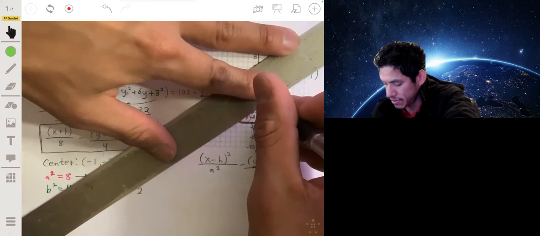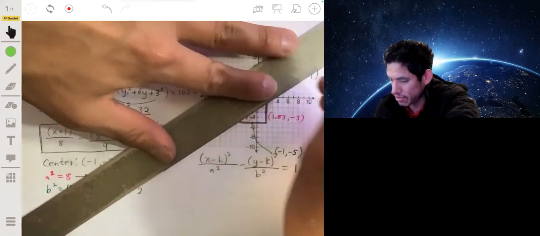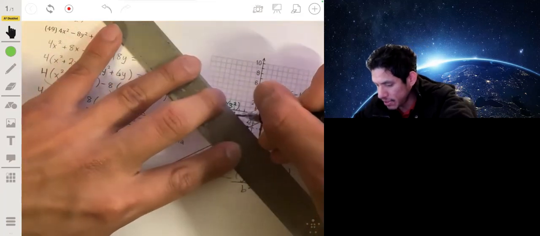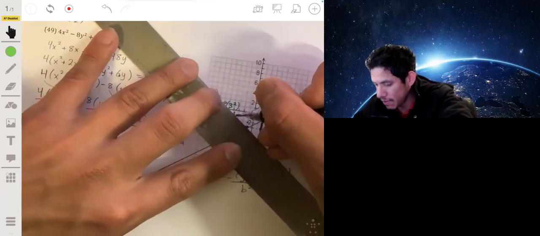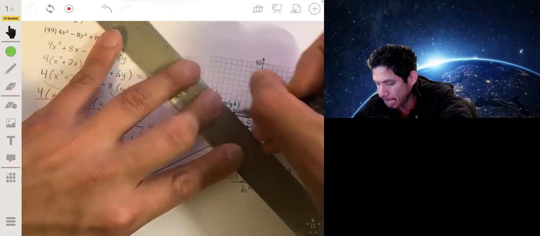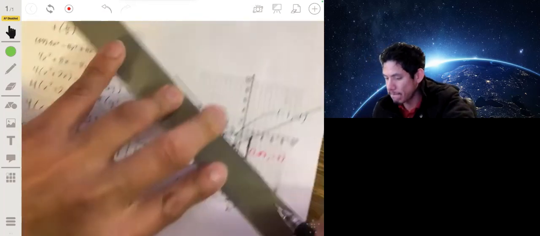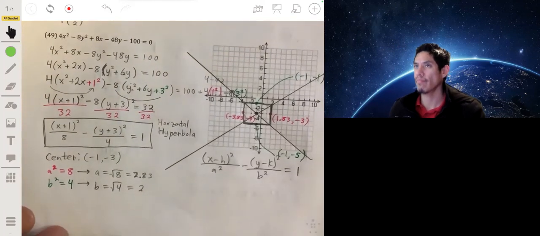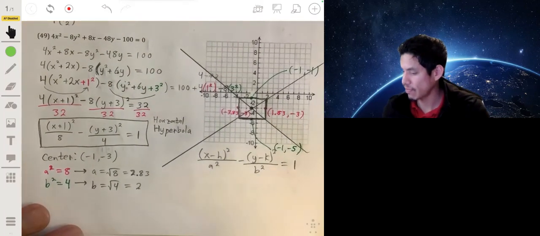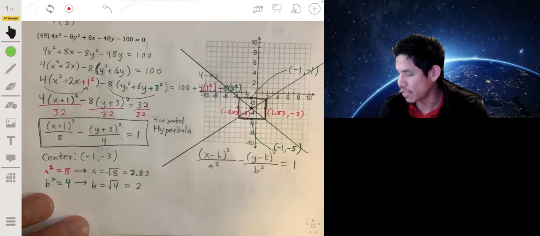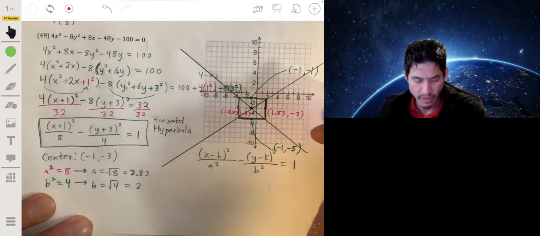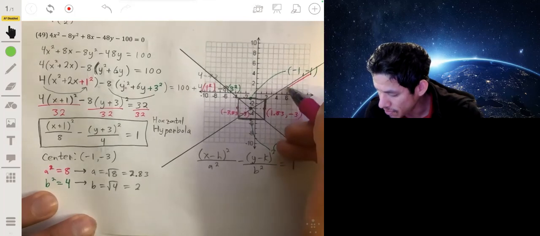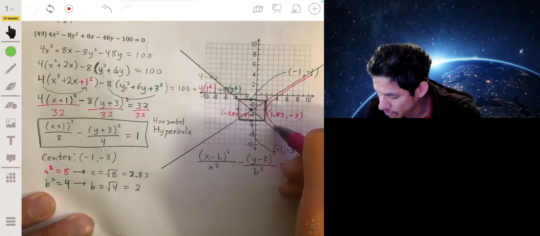So you have one asymptote like that, drawing a diagonal, and the other one like that. And then your actual hyperbola, the branches will look something like this.